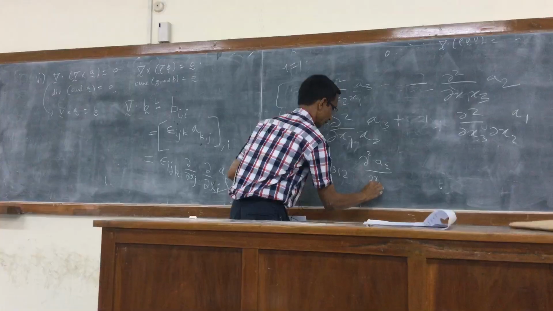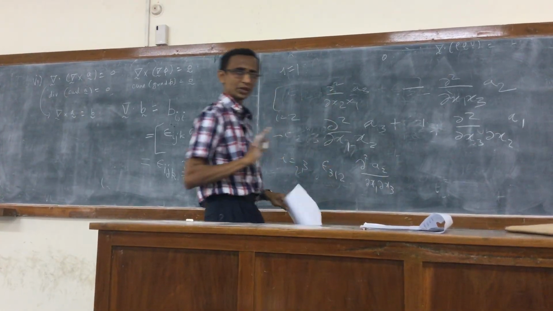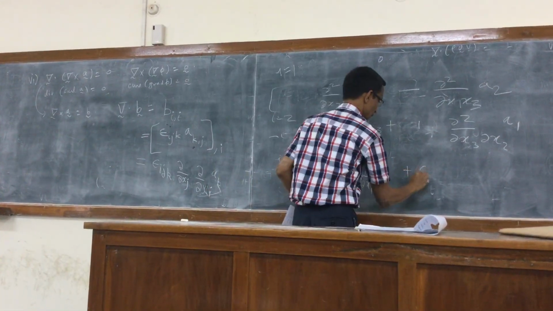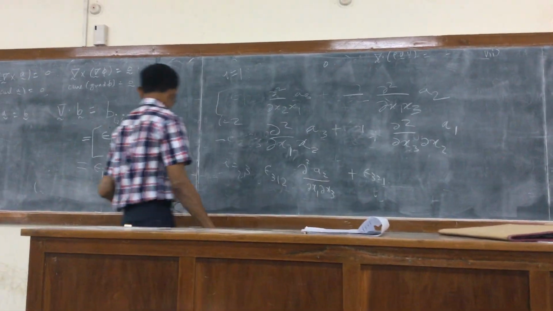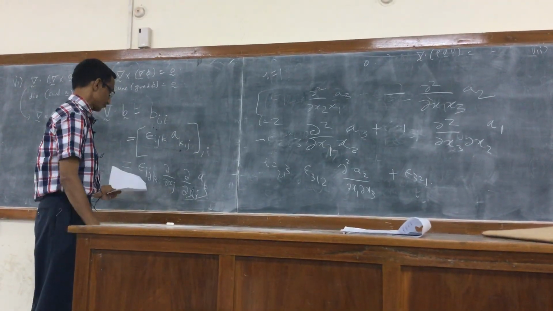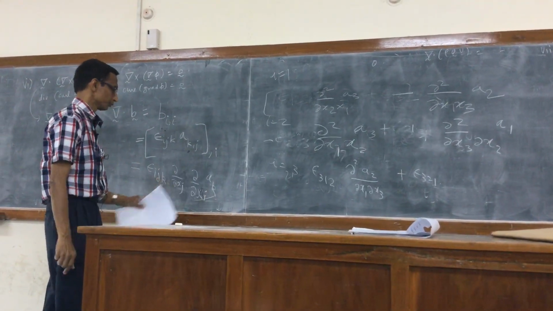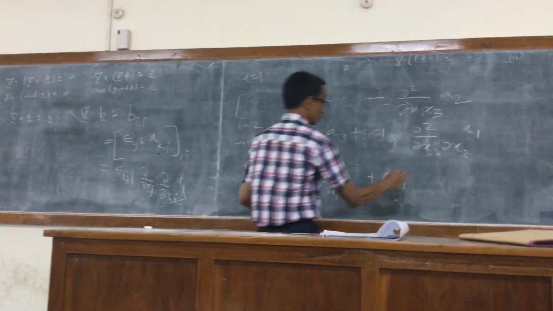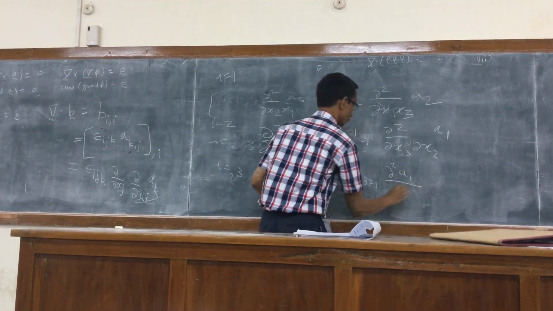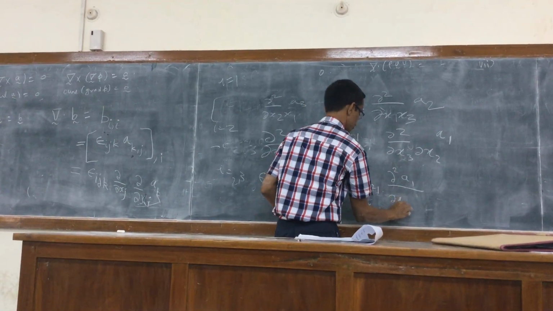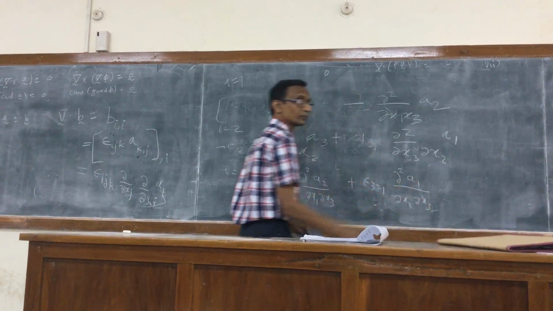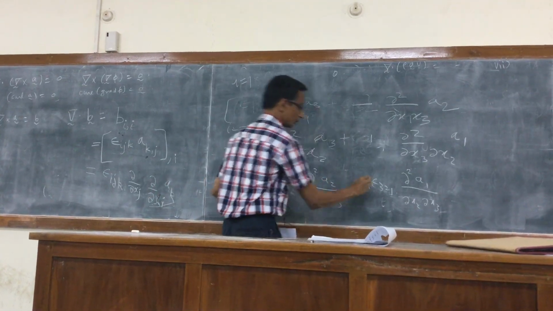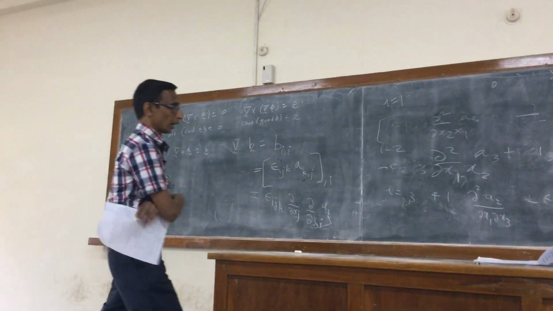So dx1, dx3. Plus 3, 2, 1. So i still remains 3, but now k has been made 1. So this is 3, 1, 2 is plus 1, and this is minus 1.